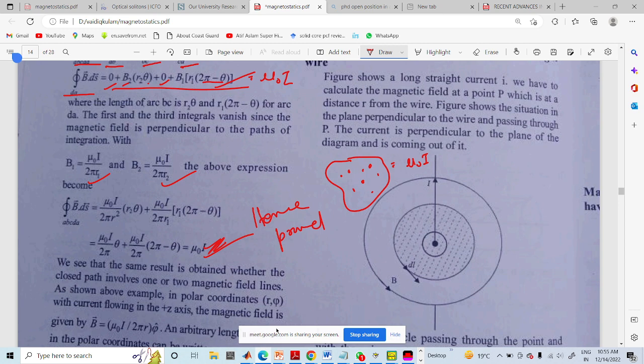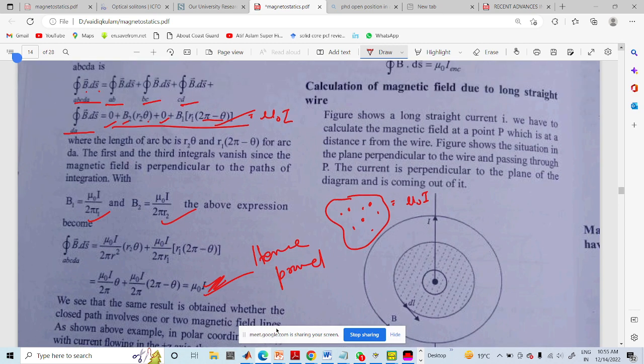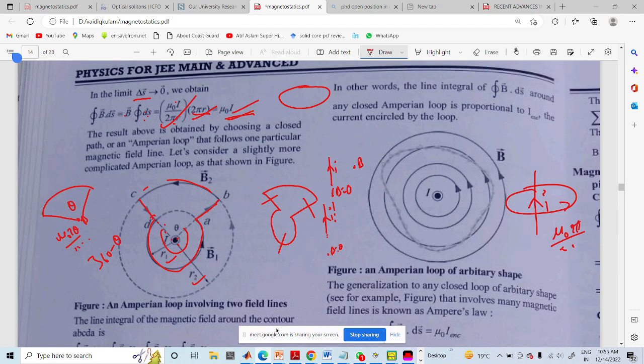Here you can see, in this loop the current was I, only I. So because in this loop we have a current I, B dot ds will be mu naught I, because I was inside.